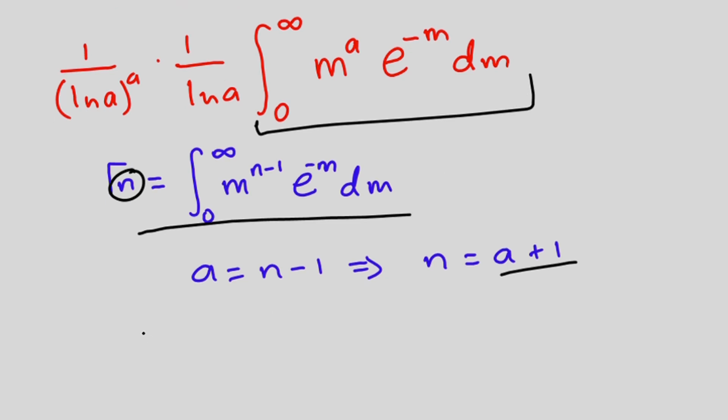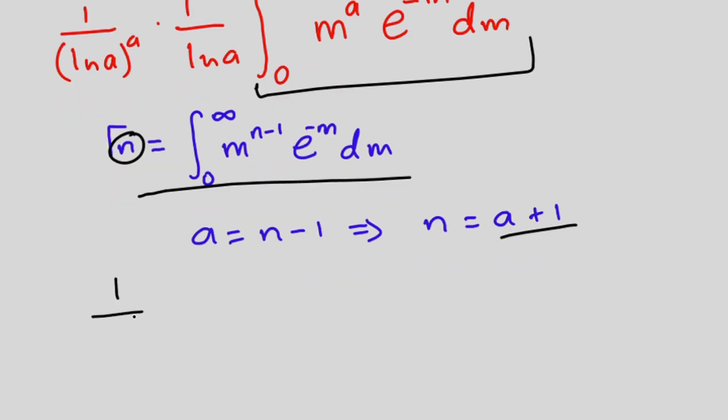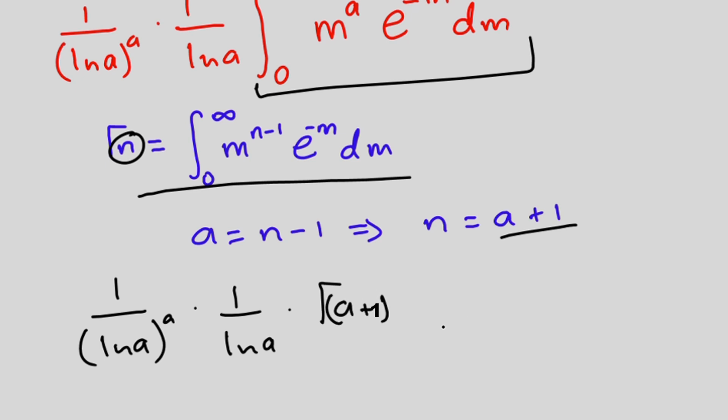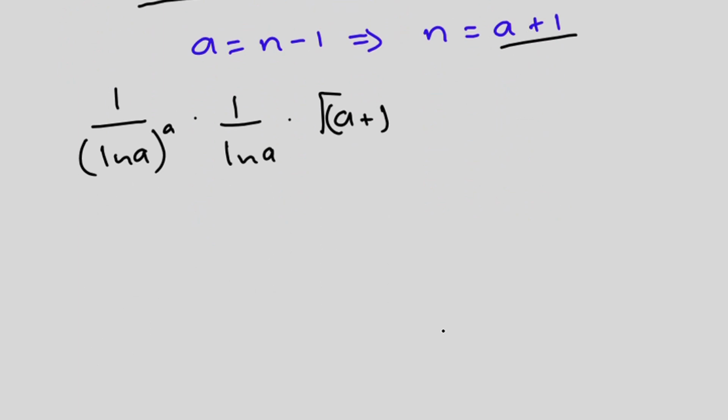Therefore, we can write this as 1 over ln of a all to the power a times 1 over ln of a times gamma of a plus 1. Very simple. Now let's go ahead and simplify this.